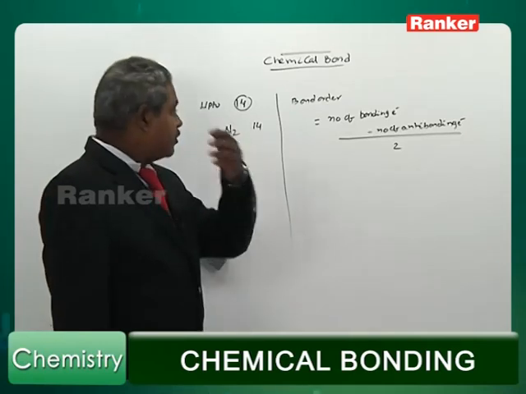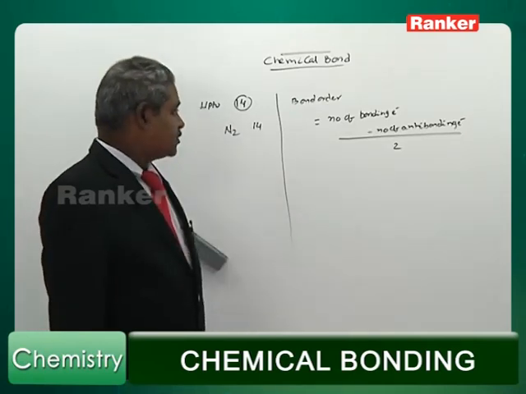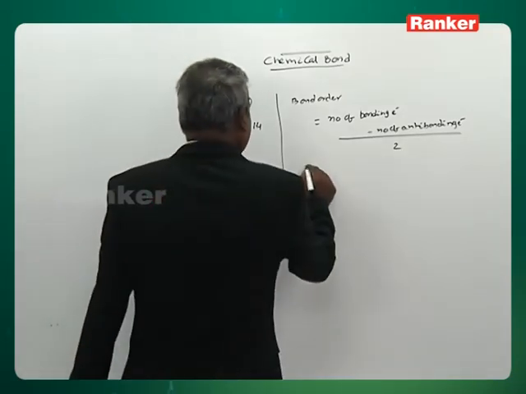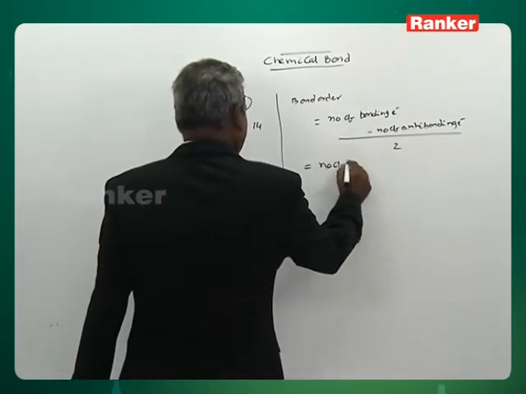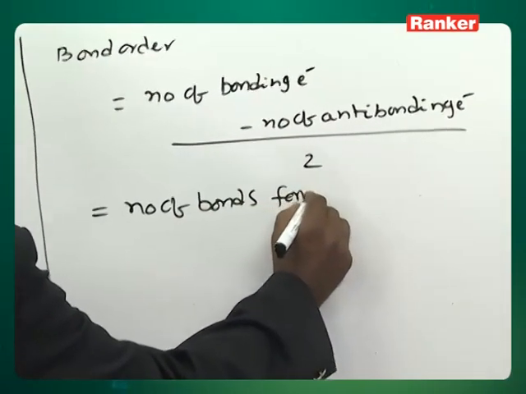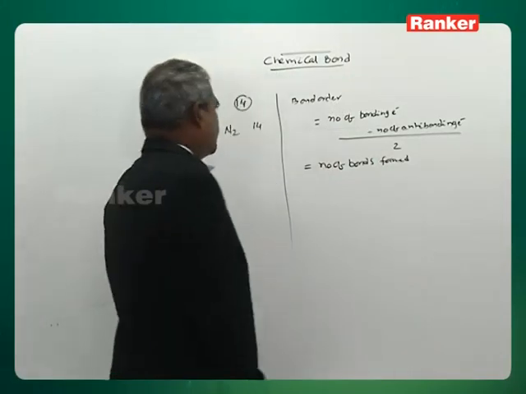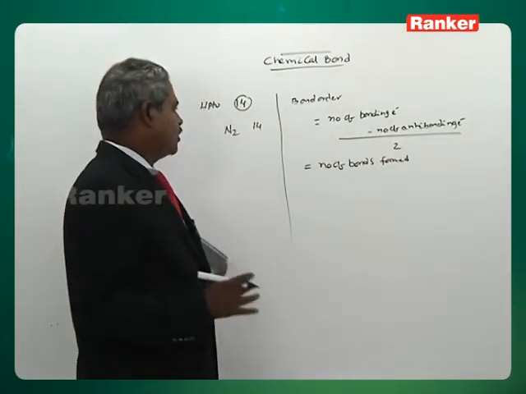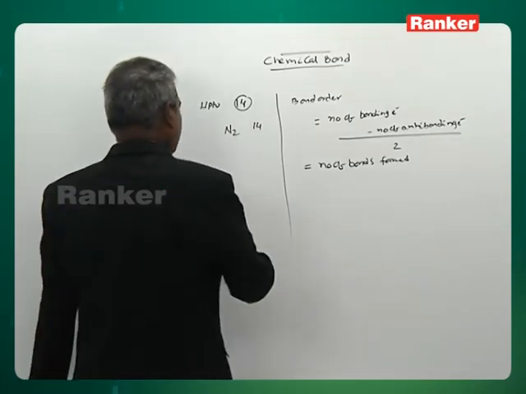So bond order is actually equivalent to the number of bonds formed. And of course, the greater the bond order, the more bonds, and the stronger the molecule is.